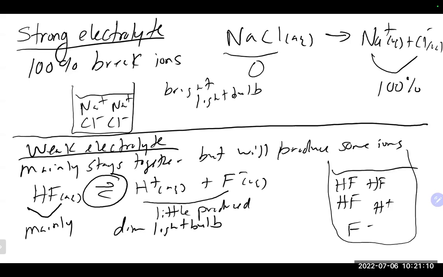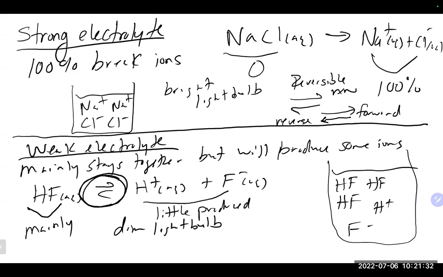One of the ways you can recognize a weak electrolyte is that they are often written with two arrows headed in opposite directions. This is a reversible reaction. There's a forward direction from reactants to products, and a reverse direction that heads in the opposite direction. At some point they reach what is known as chemical equilibrium.